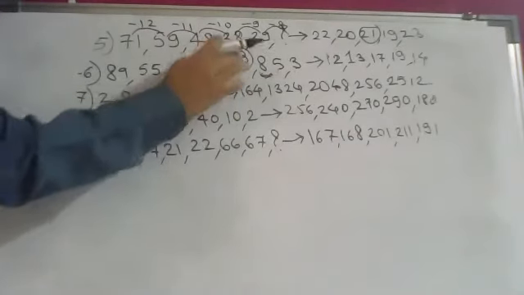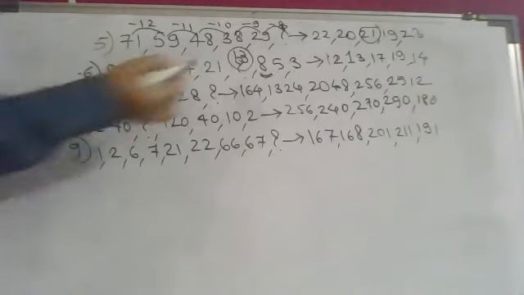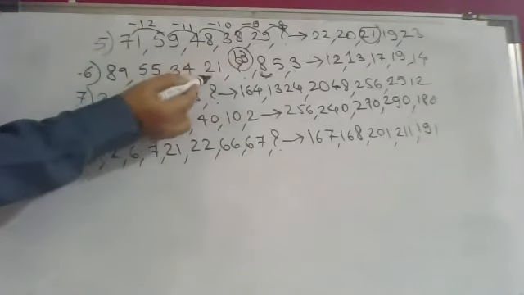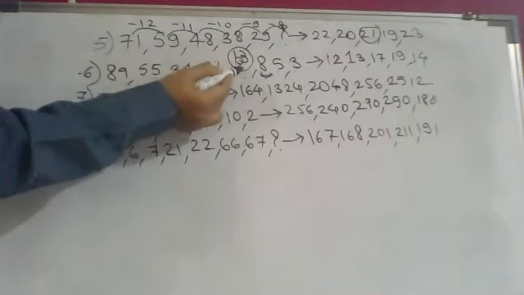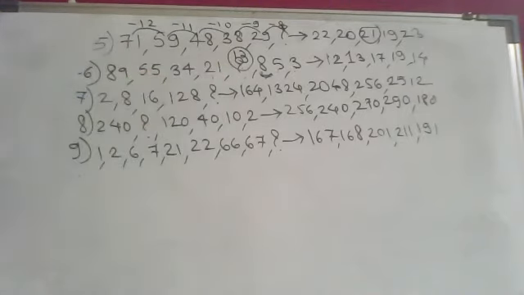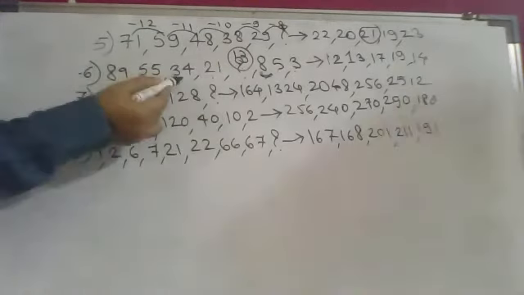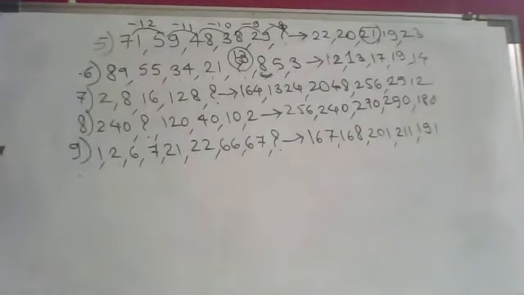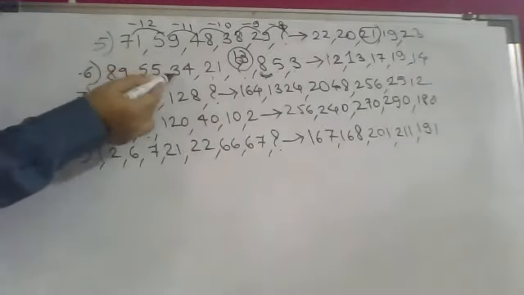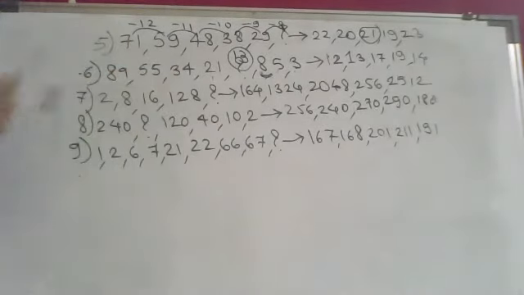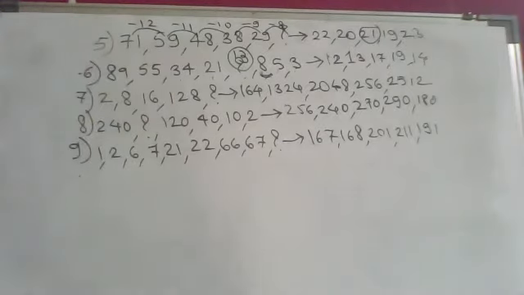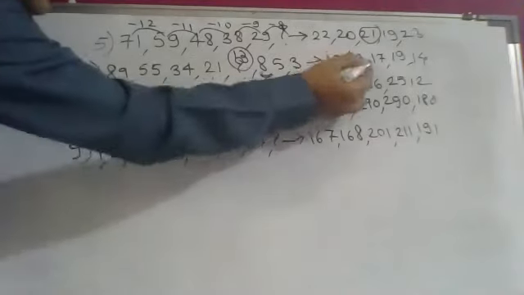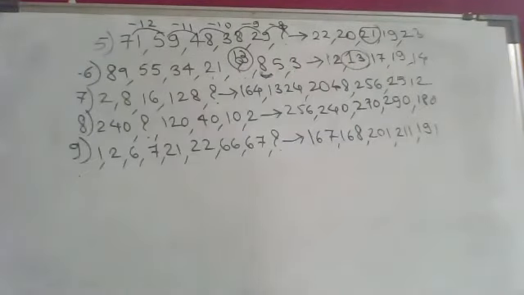Here is a different logic, but you have to think in this way. 13 plus 8 is 21. 21 plus 13 is 34. 34 plus 21 is 55. And 55 plus 34 is 89. Question number 6: your answer is 13.